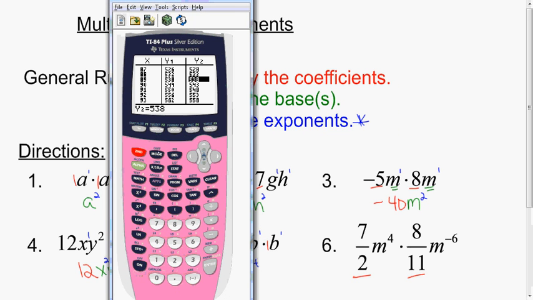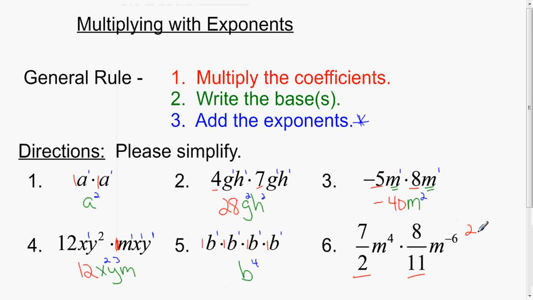I'll just do 7 divided by 2 times 8 divided by 11, and hitting math, enter, enter, will make sure that we get a fraction and not a decimal. So we're going to get 28/11. Then we're going to write our base, which is m.